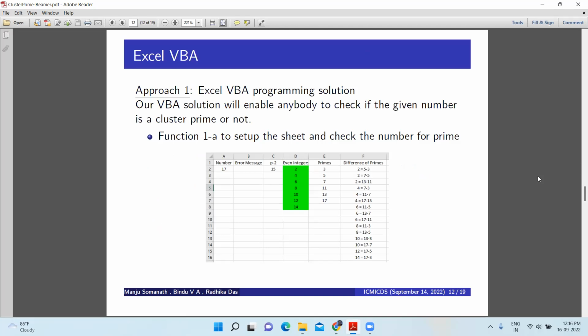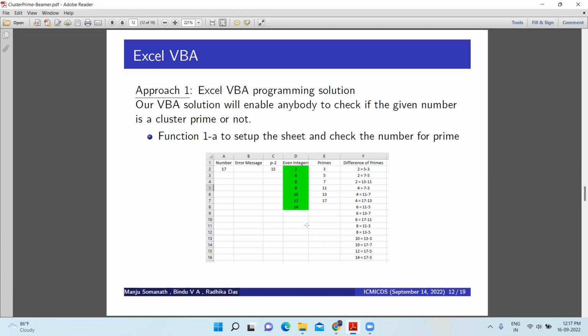Using Visual Basic application, first I tried to find the cluster primes. In the Excel sheet, in column A, we put the number 17, and applying a program, we find the set of even integers less than p minus 2 and get them as the difference of 2 primes.